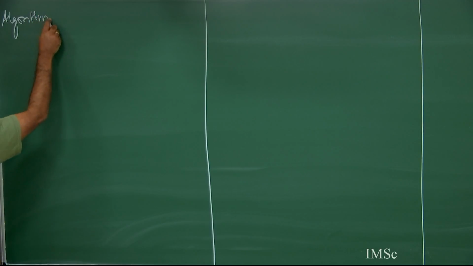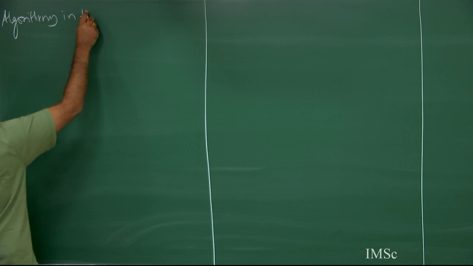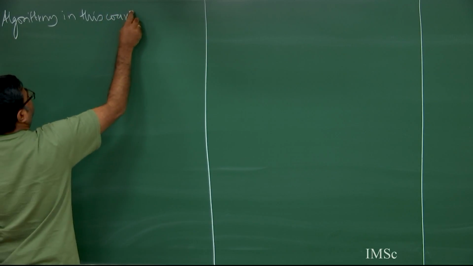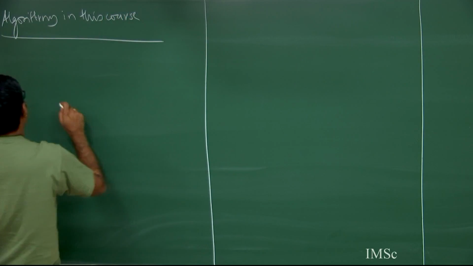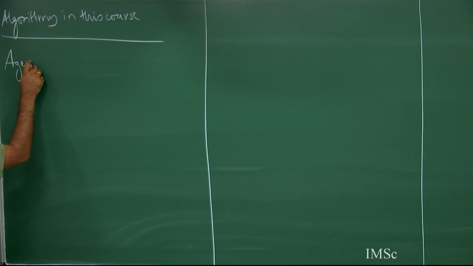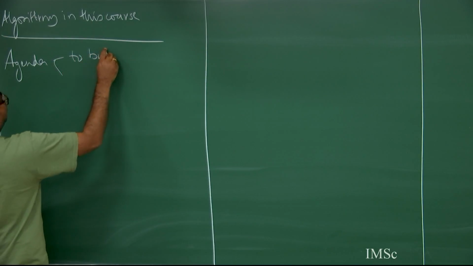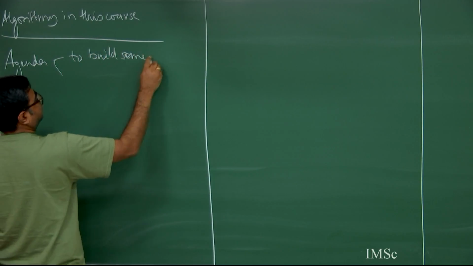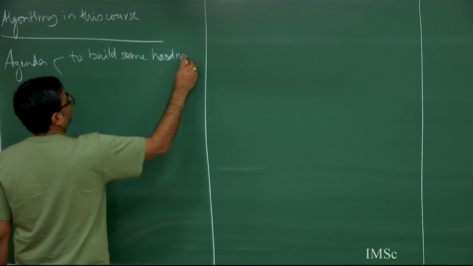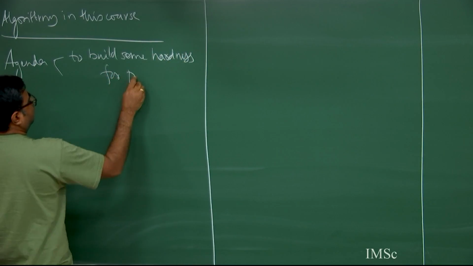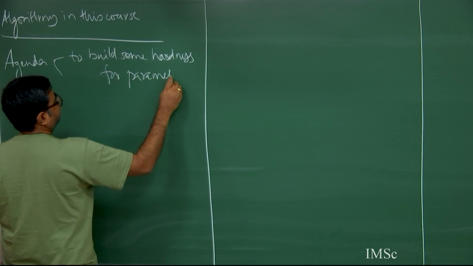So up until now, all of you have seen only algorithms in this course. And the agenda for today, and for the rest of a couple more lectures, is to build some hardness for parameterized problems.